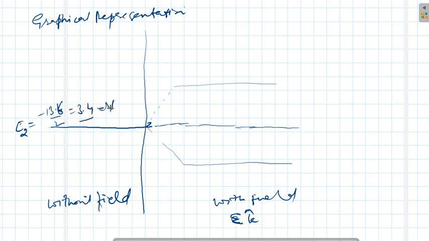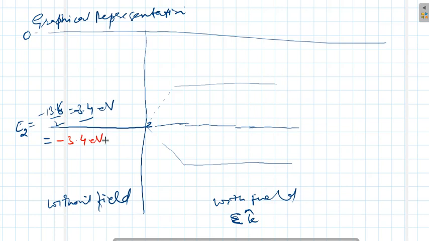Now, say here it is the zero level. This energy level is minus 3.4 electron volt, and these two levels have the same energy.